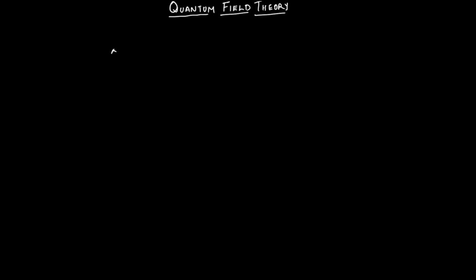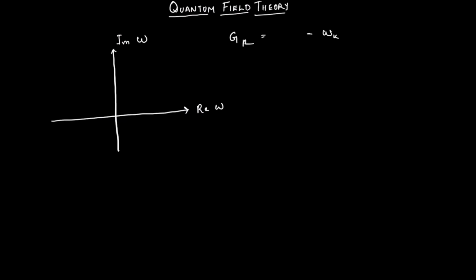For example, in the retarded Green's function G_R, on the x-axis I have real omega, on the y-axis imaginary omega. In the retarded case, I have minus omega_k and plus omega_k. These are the two poles, omega_k and minus omega_k.